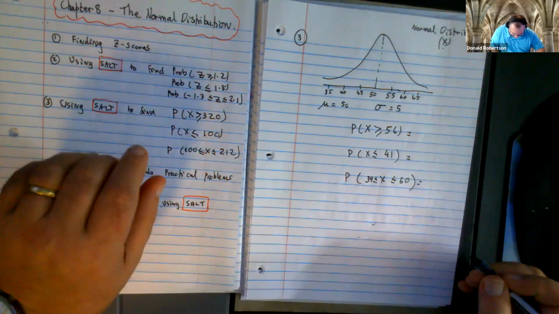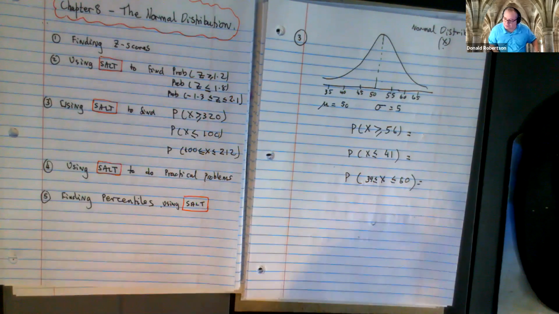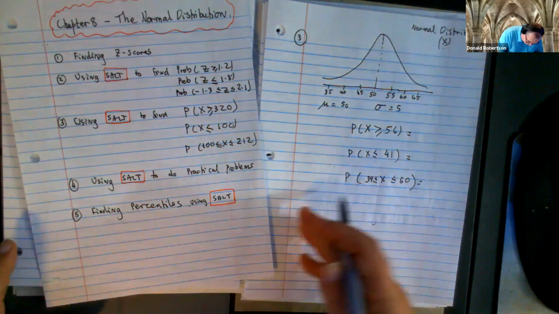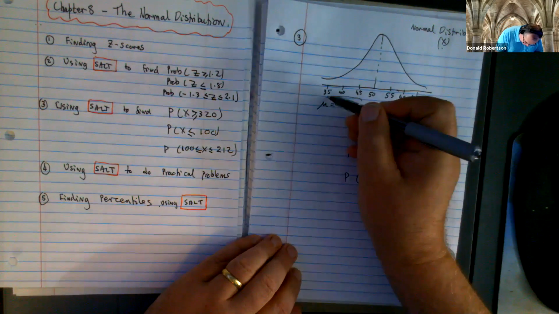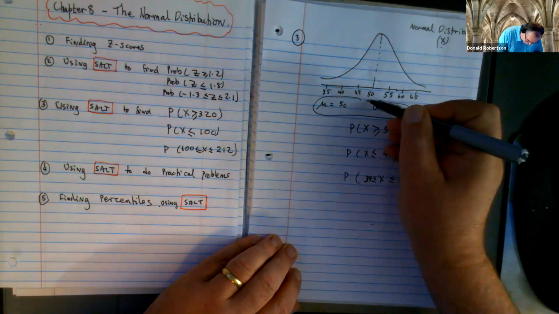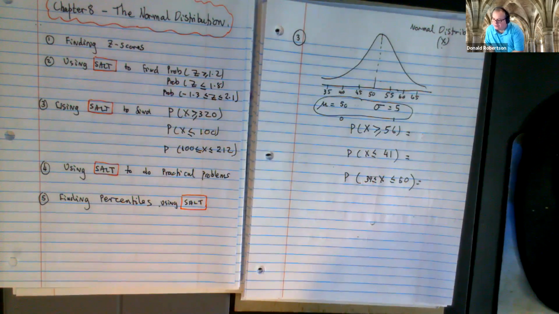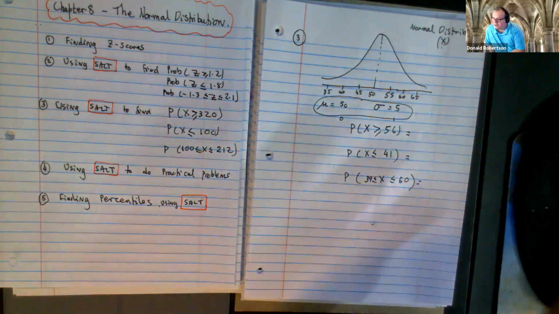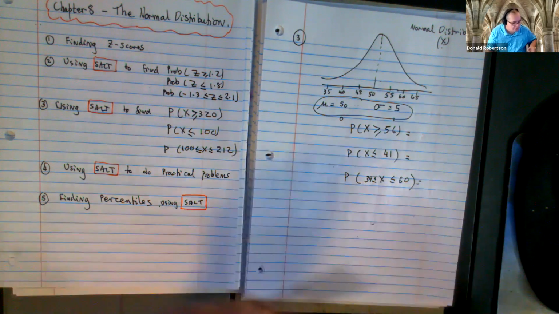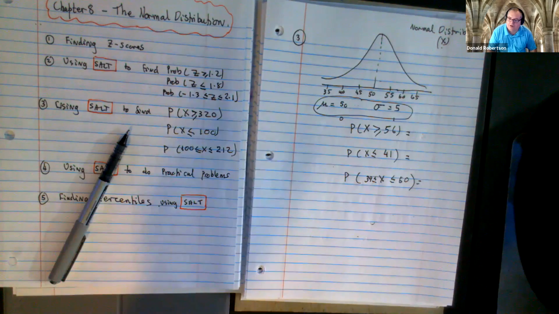Would you agree these are very similar to the 3 questions we just did a minute ago? The main difference is that the mean and standard deviation have changed. They're no longer 0 and 1. That's what you get when it's a Z-score, a standard normal. In this world, the mean and standard deviation keep changing depending on the story, right? So we can do that.